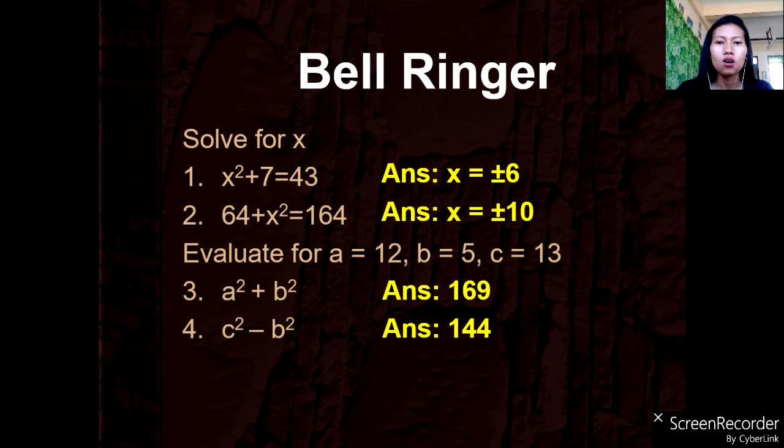The answer is 144, because the square of 13 is 169, minus the square of 5, which is 25, and 169 minus 25 is 144. The skills that you have shown in this bell ringer are useful for our discussion this afternoon.